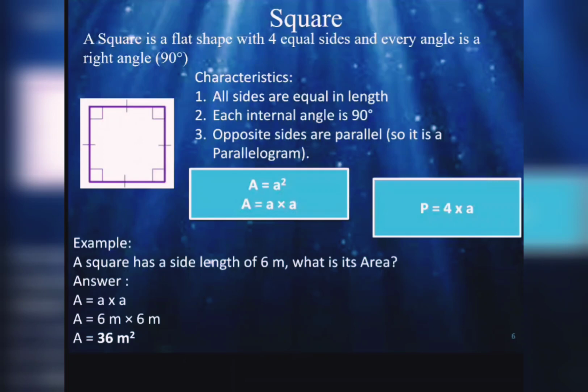What is the area? The answer is side times side, or A times A. The same, 6 meters times 6 meters. The answer is 36 meters squared.